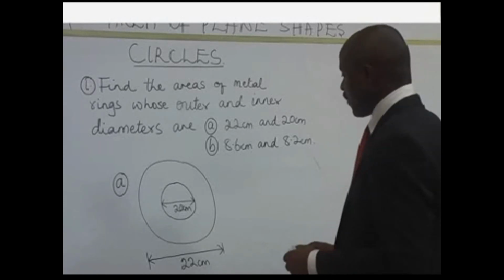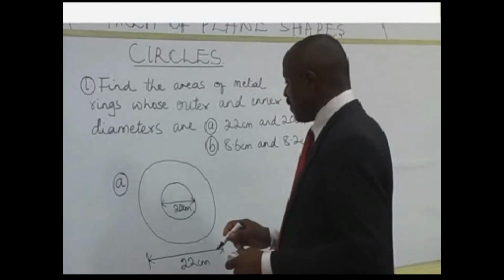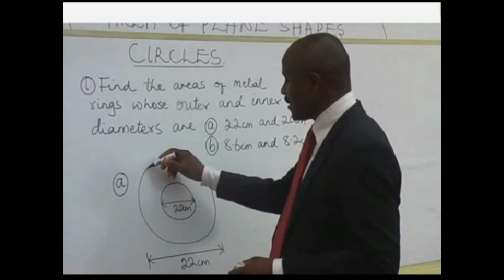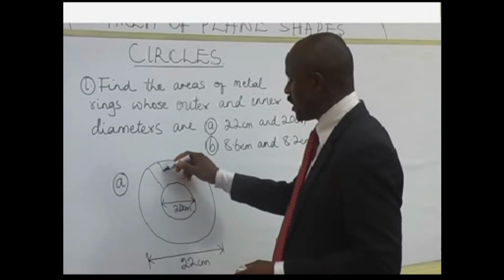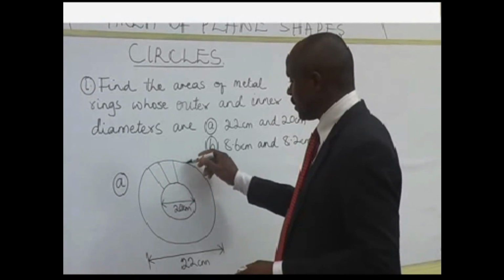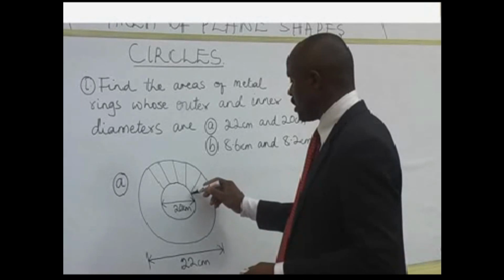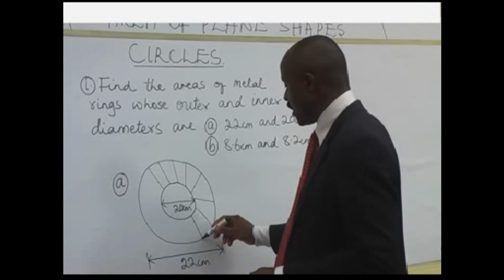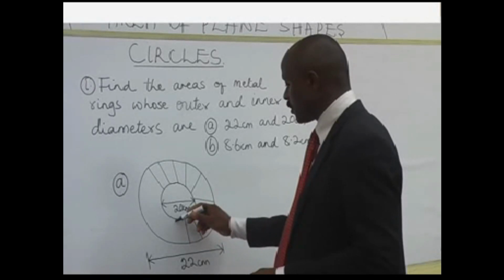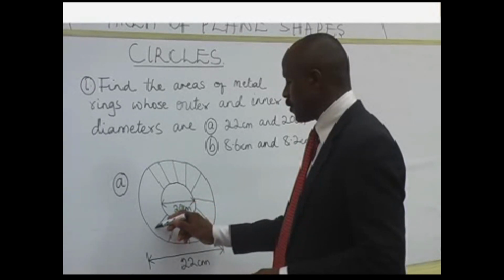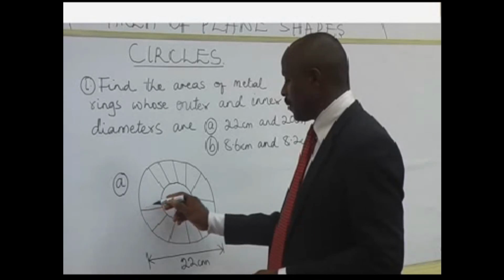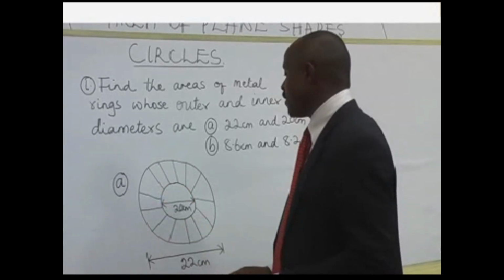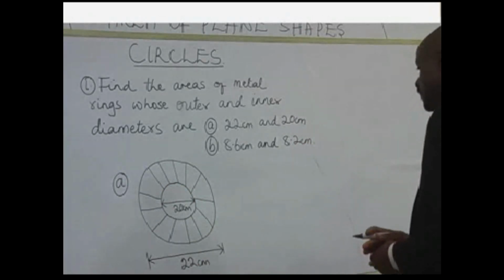Now, remember, this may be another way of saying find the area of the shaded portion. Like if they shade this, the area you're finding is the area of the shaded portion. It is also the area of the metal ring.